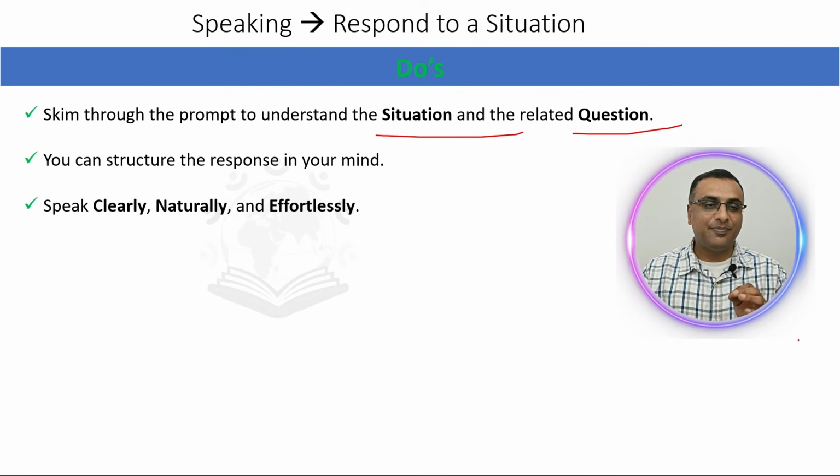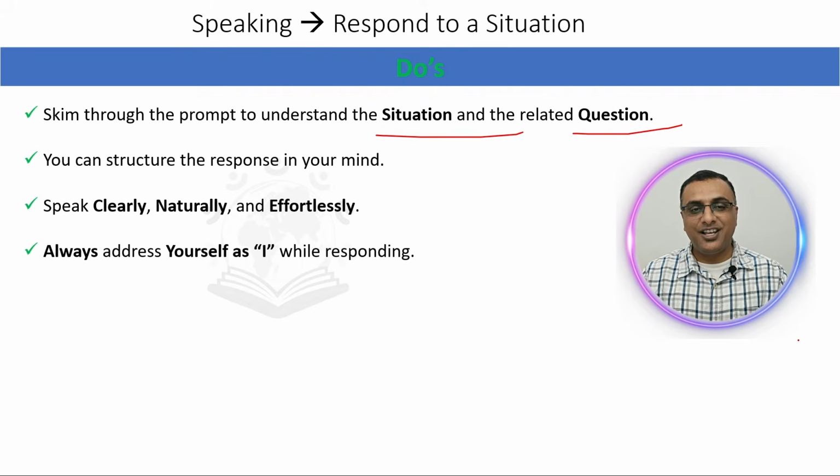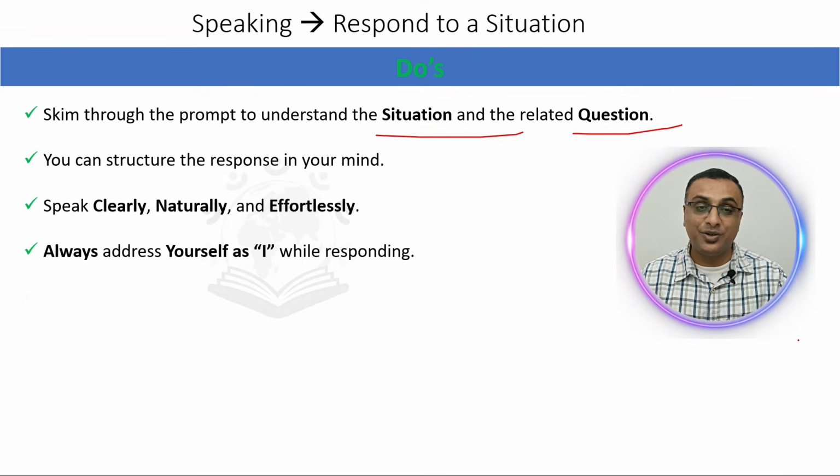Next, always address yourself as I while you are answering this particular question. Don't say we, they, she, it, he, all of those things. Instead, always say I, because you will be experiencing that particular situation.